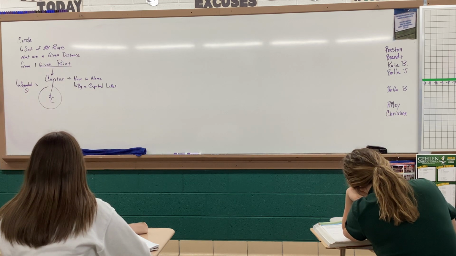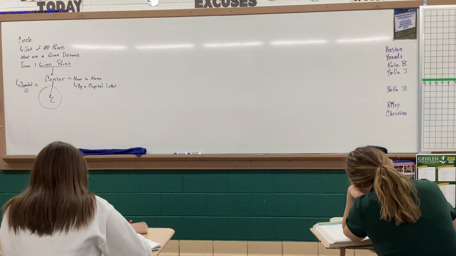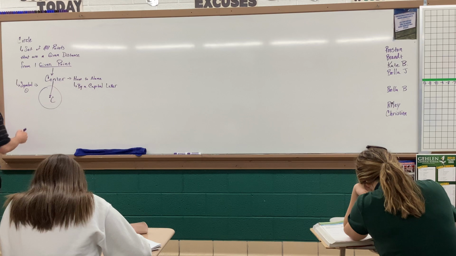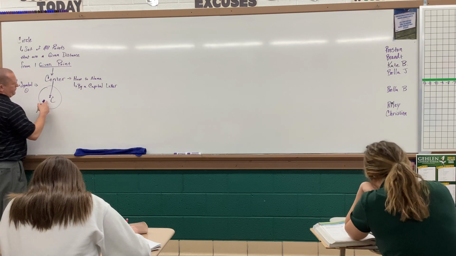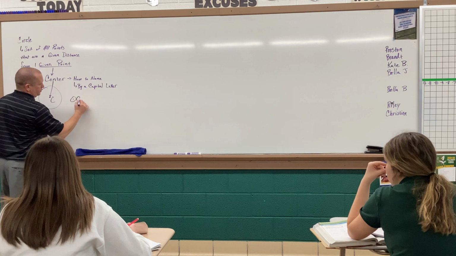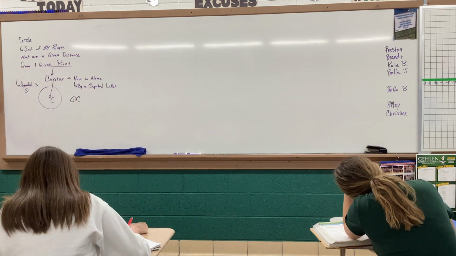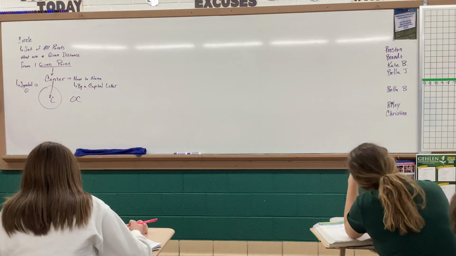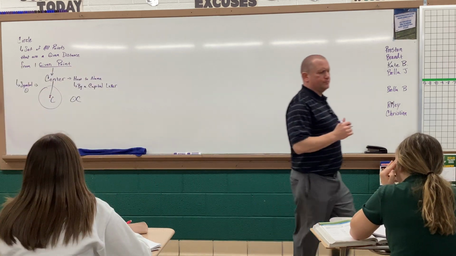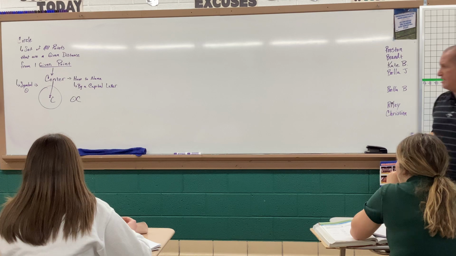So like when we had an angle, or if we had a line, you had a symbol, the same concept has to apply here. So if we're going to name this on a quiz or a test, we're going to say circle C, right? Okay? So that's how we're going to name it.